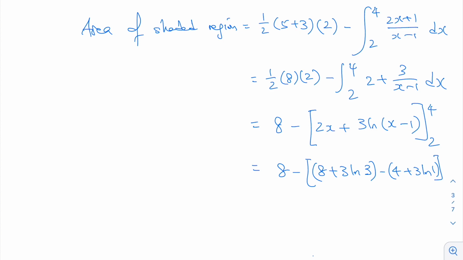Now ln 1 is 0. So rearranging, we'll get the answer. The answer is 0.704 square units. Since there is no unit given, we have to add square units. That's the general unit for area.